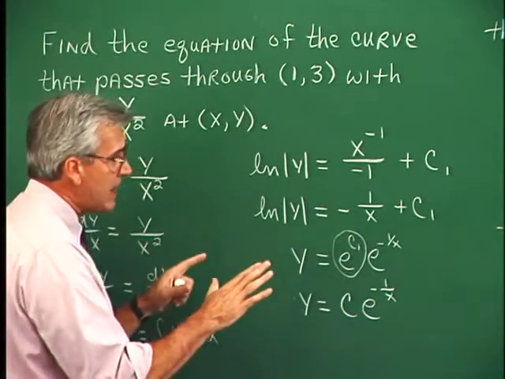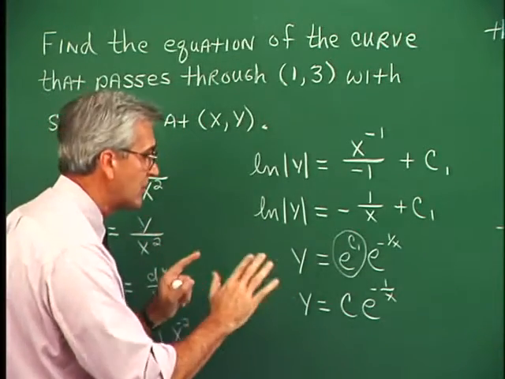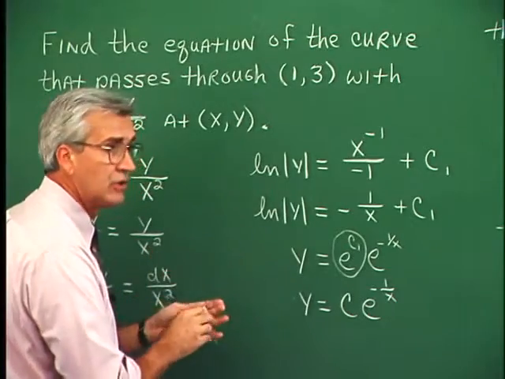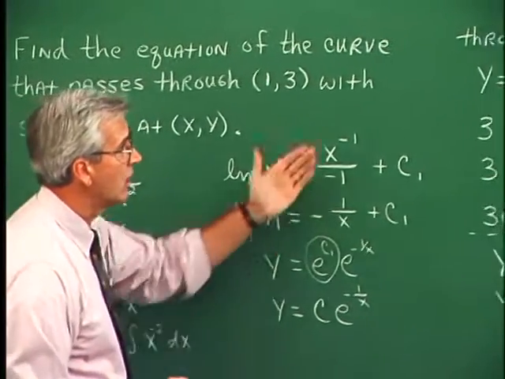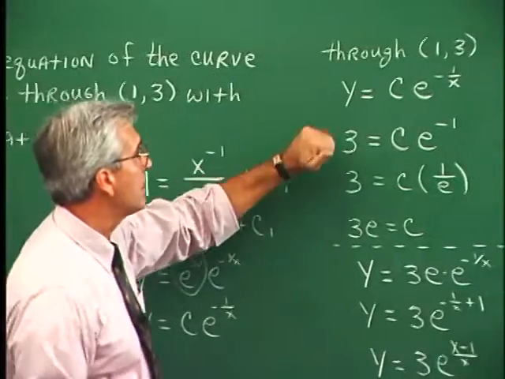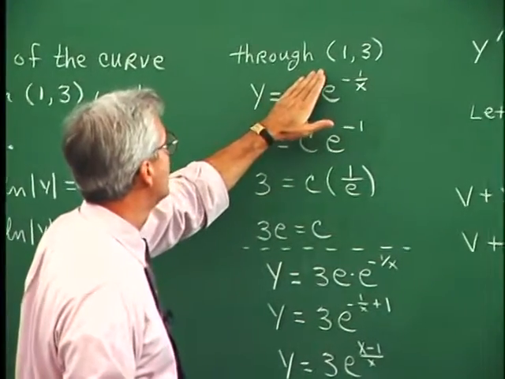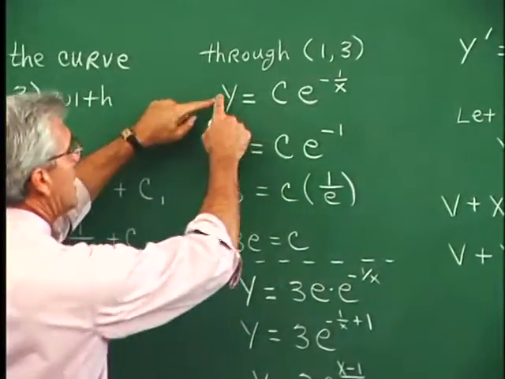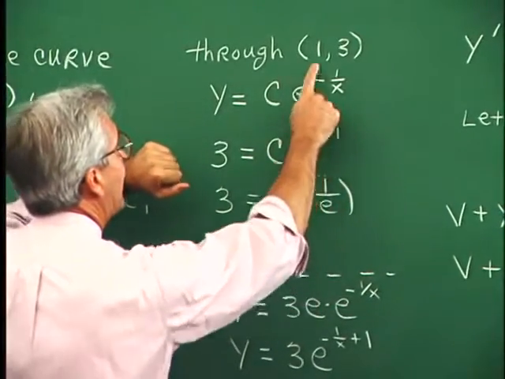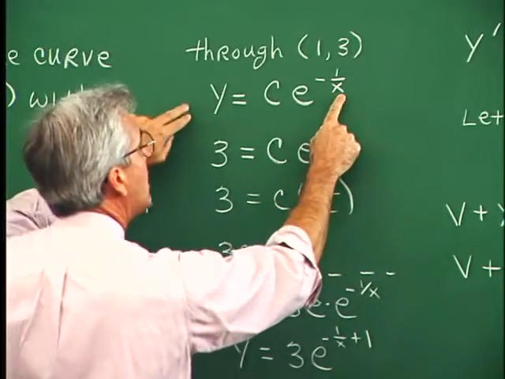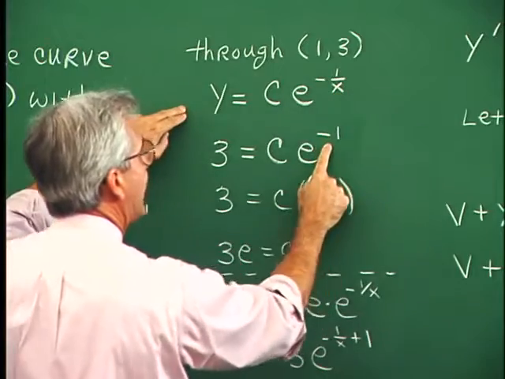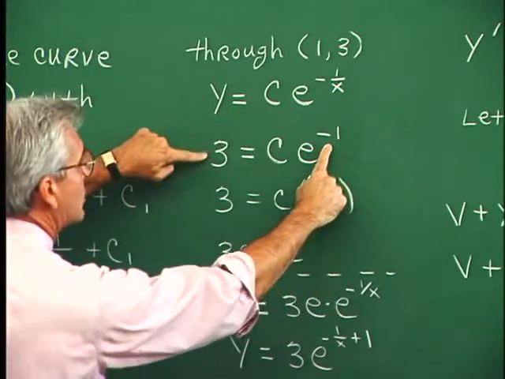Now we use the information that the graph passes through the point (1, 3) to go to a particular solution. So we'll take this form, and if the graph goes through (1, 3), then x is replaced with 1. So we have negative 1 over 1, or negative 1, and y is replaced with 3.